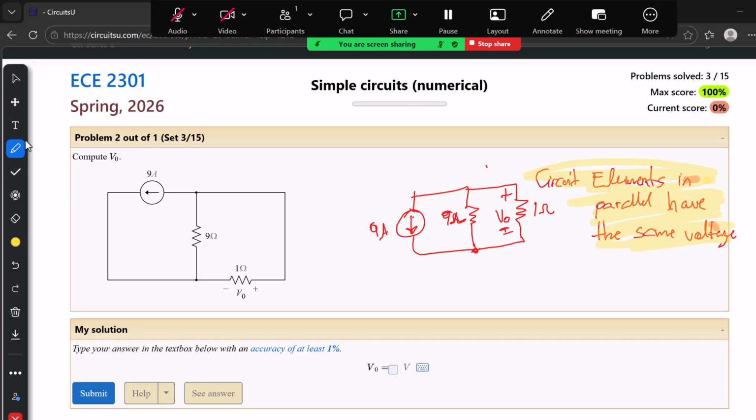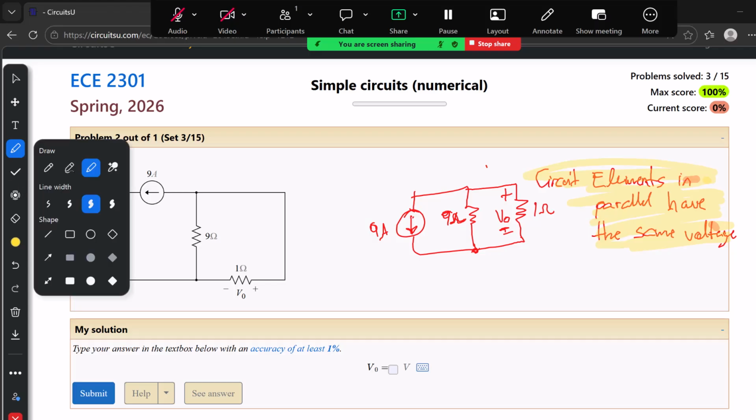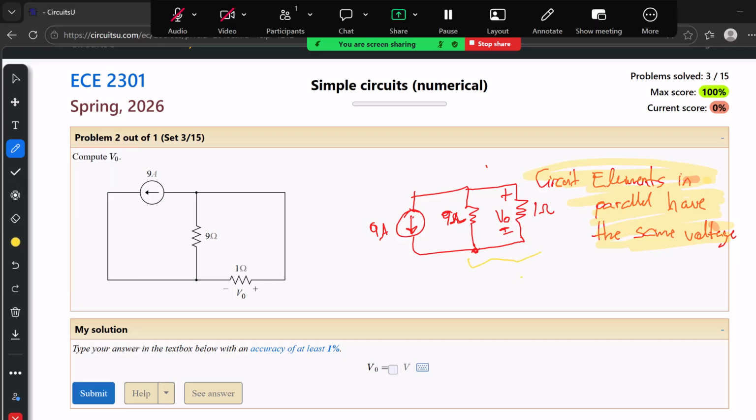So we can combine them in parallel, and they will have the same voltage. So we can just combine these two in parallel. Combining them is the product over the sum. So it's going to be 9 times 1 over 9 plus 1, which is 9 over 10, 0.9. So we have a 0.9 ohm resistor.